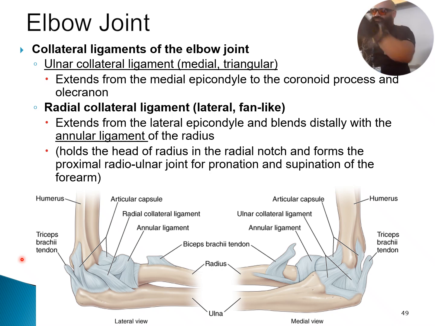Now in children, the bone has yet to develop fully, so there's a space between that ring and the bone. So everyone's heard of nursemaid's elbow, when they pull the kids up by the arm in the air and it dislocates. That's why that happens. The radial head is not mature enough yet, so it literally slides out of that annular ligament.